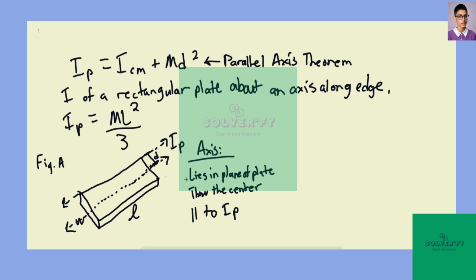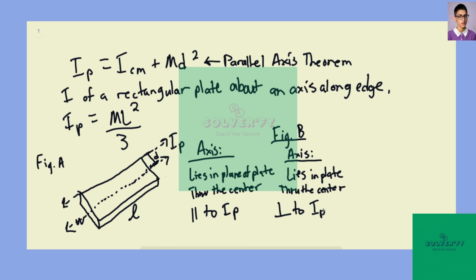And at this point, let's draw the second figure. So figure B would be much like this one, except that here the axis needs to lie in the plane of the plate, through the center. But now it's going to be perpendicular to the moment of inertia about an axis along this edge.